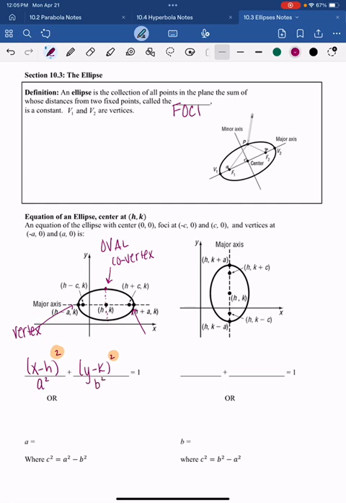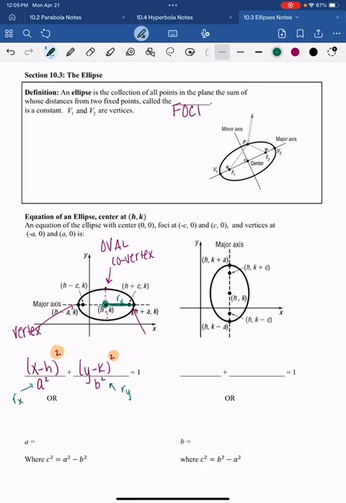And another way to look at this, and your book doesn't use it very often, but I like to say that a is the x radius, so r, but now we're going to say r sub x for an x radius, and then there's a y radius. So the distance from the center to the vertex, that is the x radius.